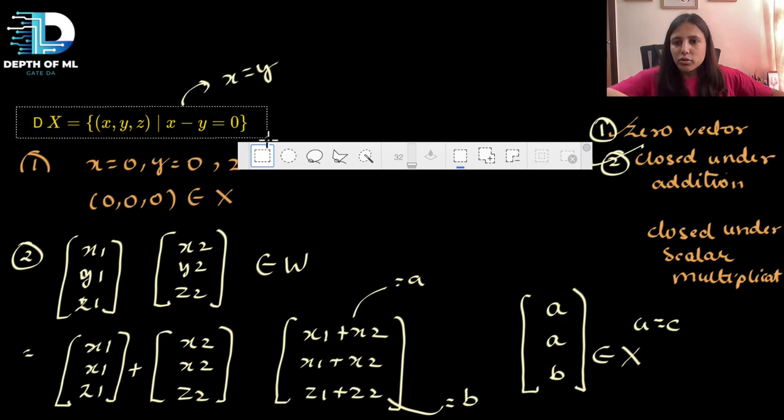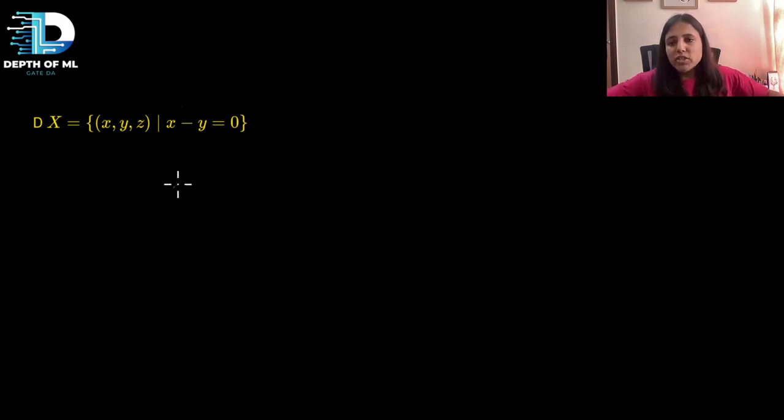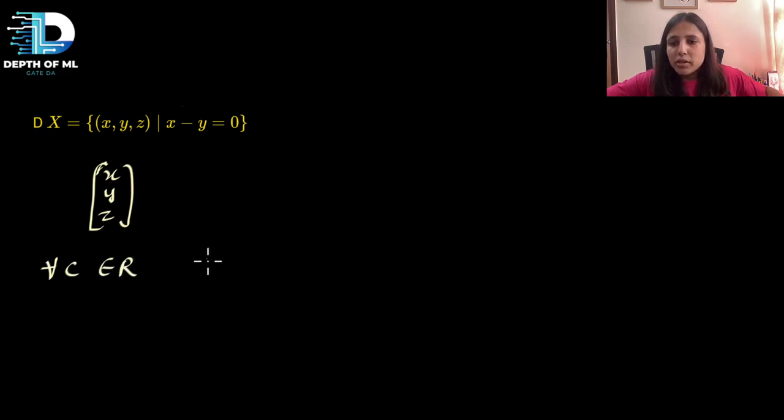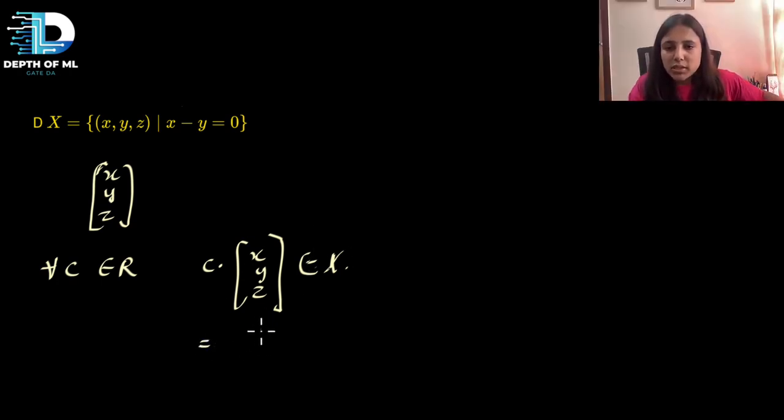Now the final thing that we have to check is whether this is closed under scalar multiplication or not. So I'll take it to the next slide. How will we check this? I'll take a vector x, y, z, and for all c belonging to R, c times (x, y, z) should be in W. So this is cx, cy and cz.